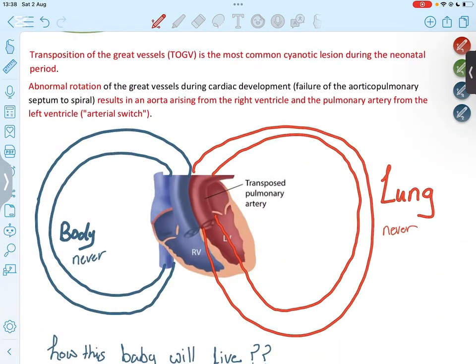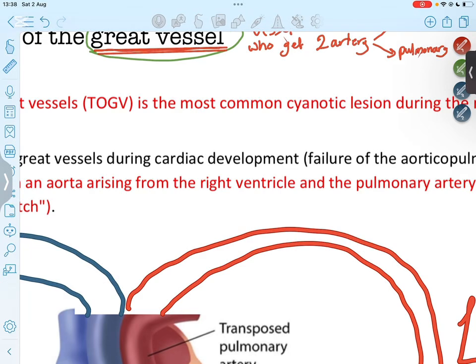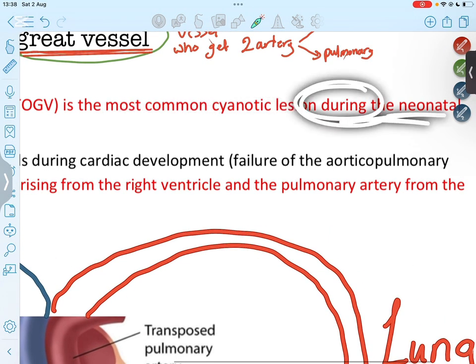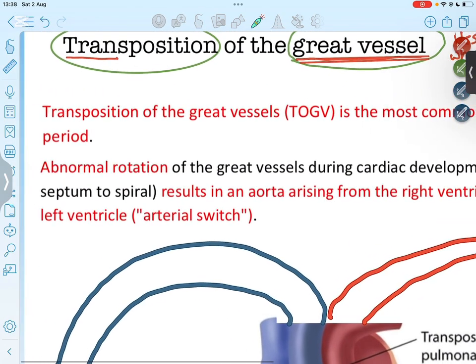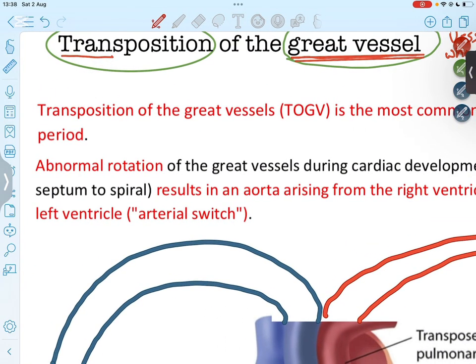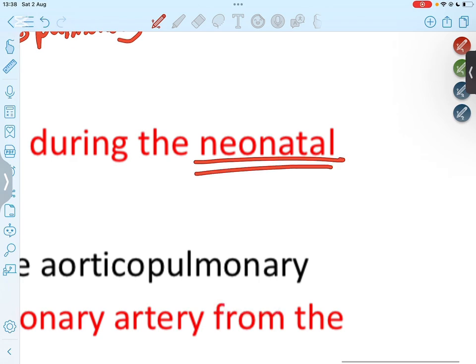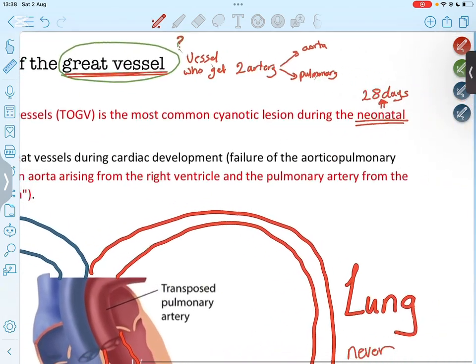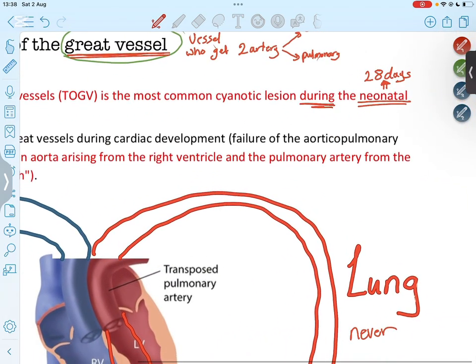But if someone asks you what is the most common cyanotic lesion during the neonatal period, it's the transposition of the great vessels. The neonatal period is the first 28 days. So the transposition of the great vessels presents during the first 28 days.